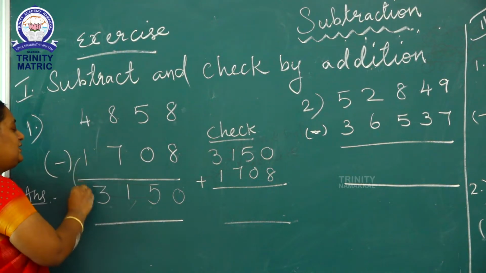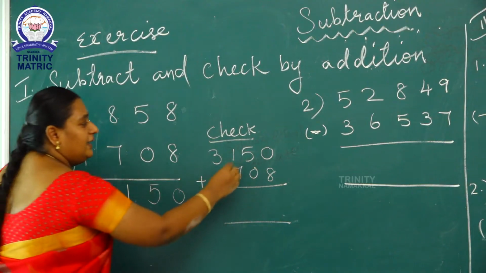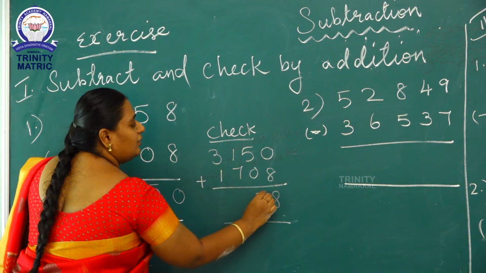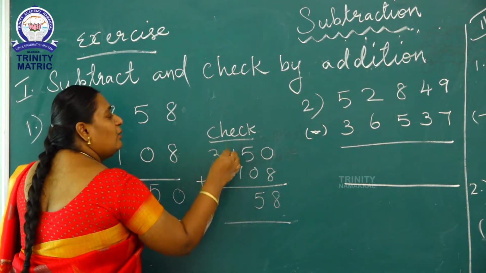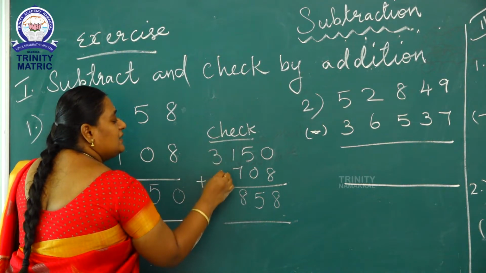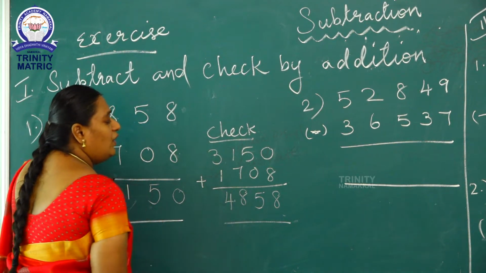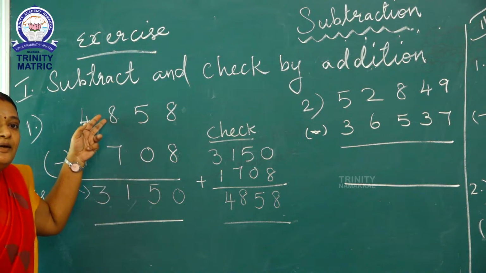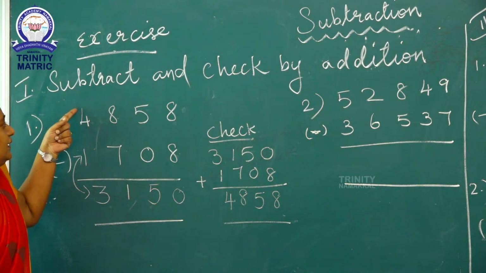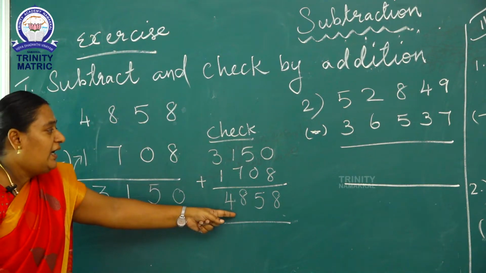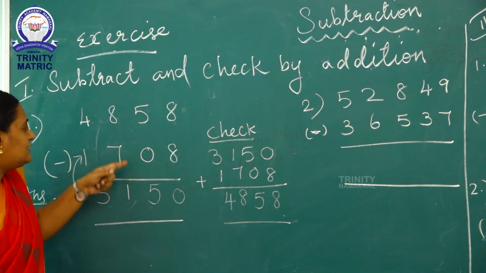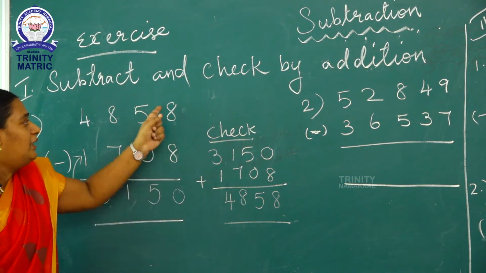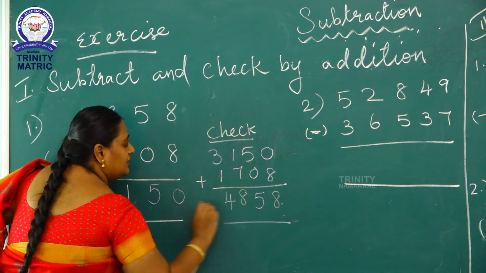So 0 plus 8 is 8, 5 plus 0 is 5, 7 plus 1 is 8, 3 plus 1 is 4. Now what answer do you get? You get the minuend, isn't it, the top number. By adding the difference and the subtrahend, you get the top number. So your answer is correct.